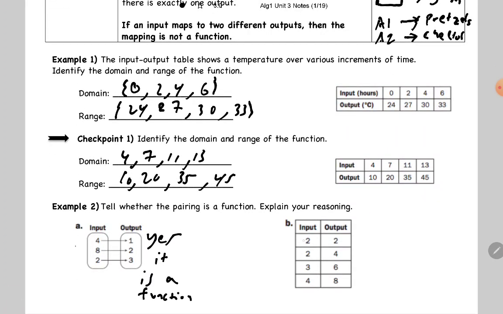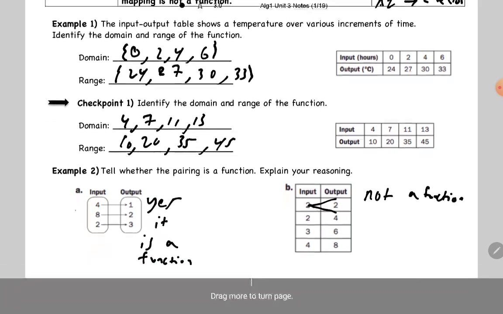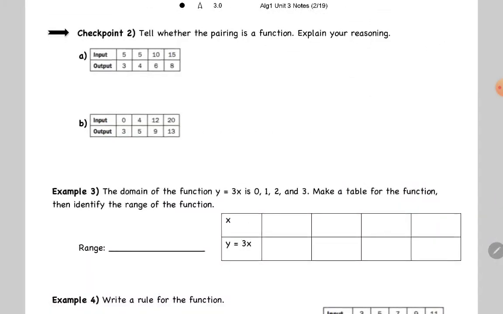Okay, here, we put in 2, we get 2. We put in 2, and we also get 4. So 2 goes to 2 and 4, therefore, not a function. Okay, let's look at this one. Okay, input 5 goes to 3 and 4, not a function.